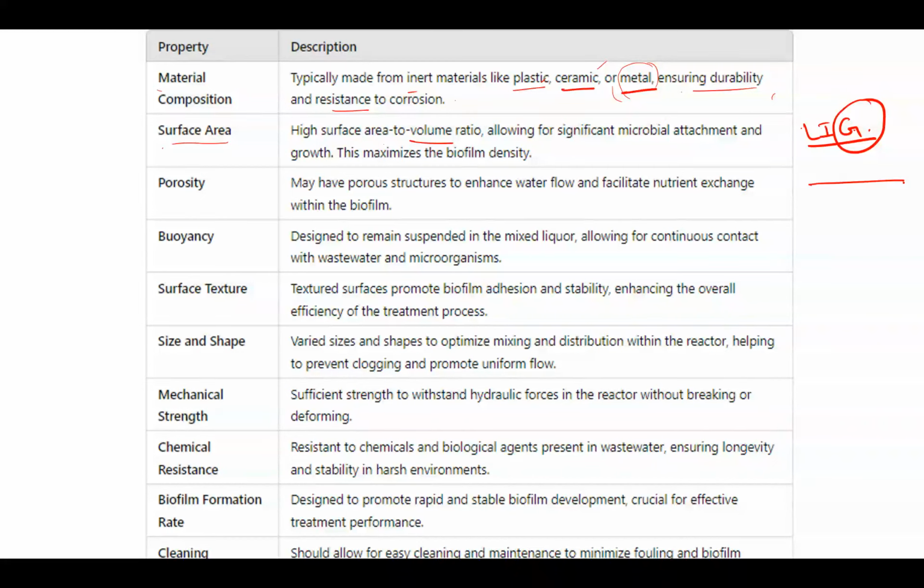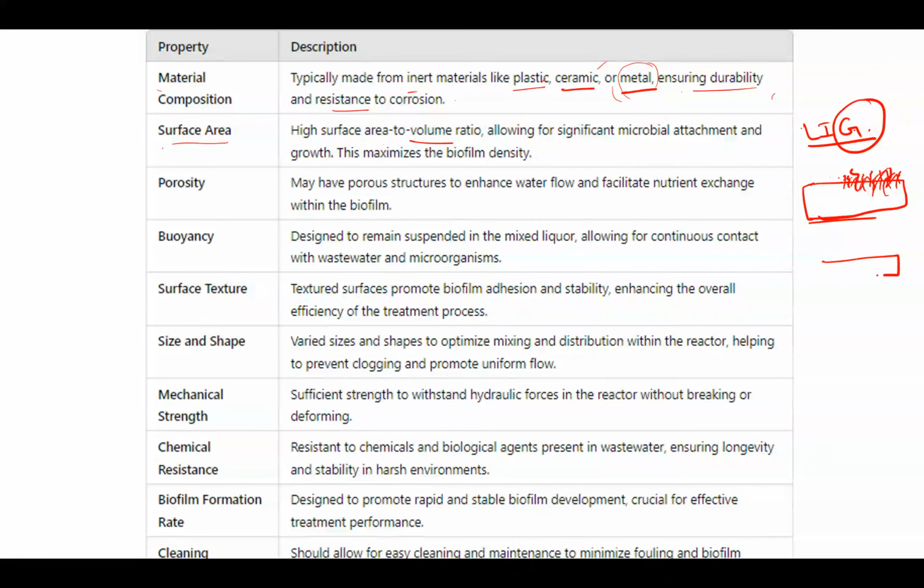The main advantage here is that this laser induced graphene has different structures. It has fiber structures because of the burning of the surface. And if the surface has a fiber-like, brush-type structure, it has more surface area. So the microorganisms can attach here and grow.